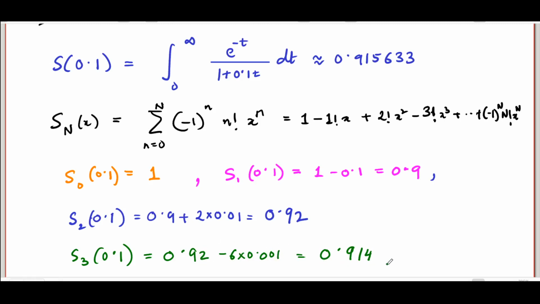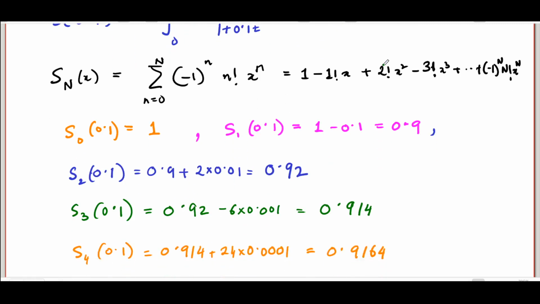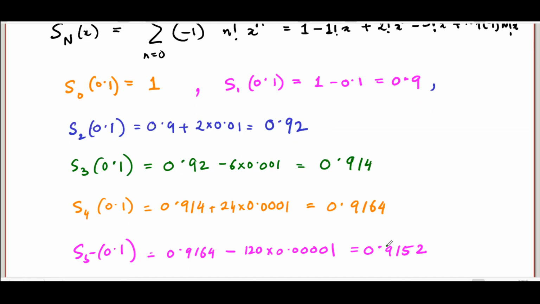You get 0.914. S4, you get 4 factorial times 10 to the minus 4 here, and that gives you 0.9164. By now, you should realize that we are getting pretty close to the supposed exact value. S5, 0.9152.